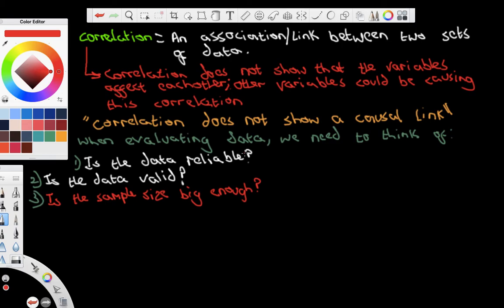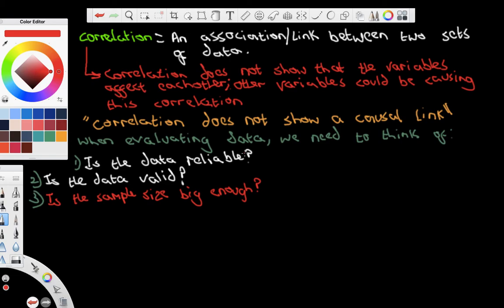Now, I want you to imagine that I do a study at our school, and I say from our study that girls are much better at football than boys. Let's assume that we played a football game, the girls versus the boys, and the girls won. And I leave our school and say, well, girls must be better at football than boys because the girls won. However, that's only looking at one school.